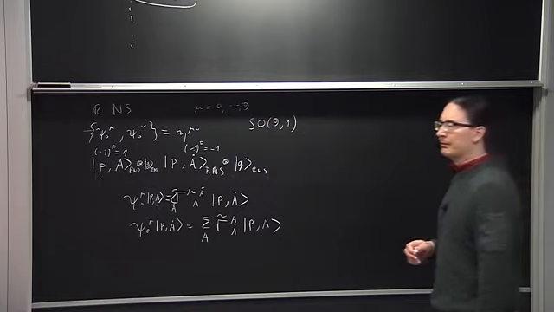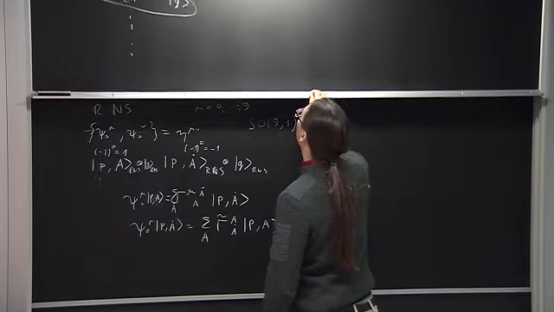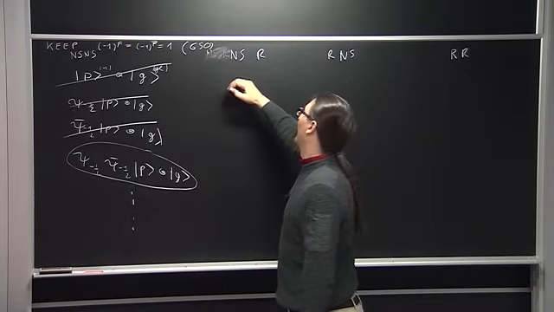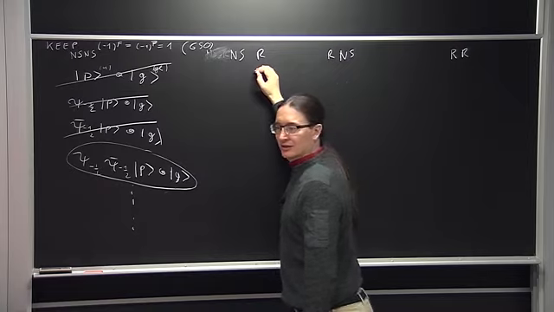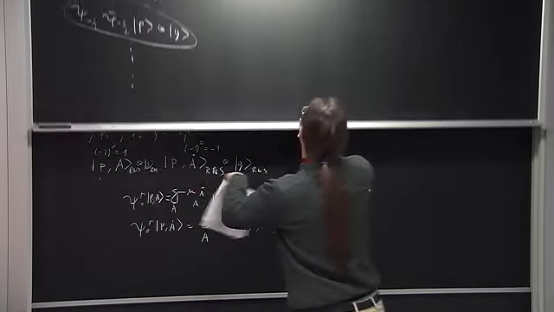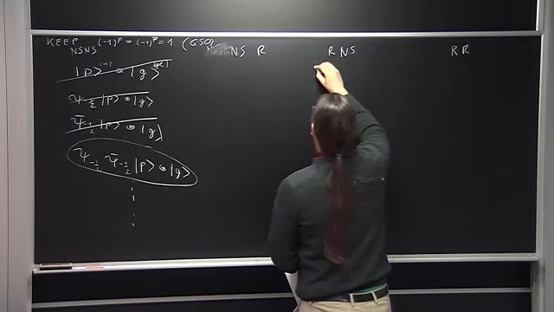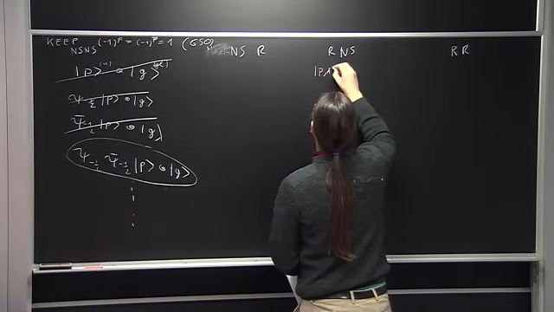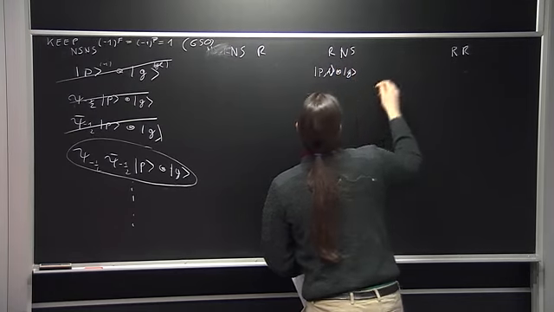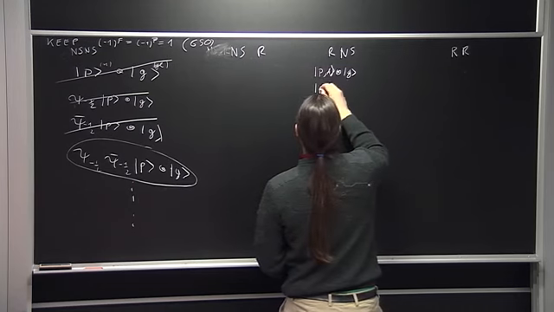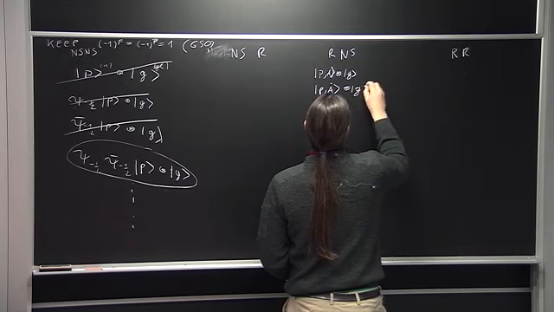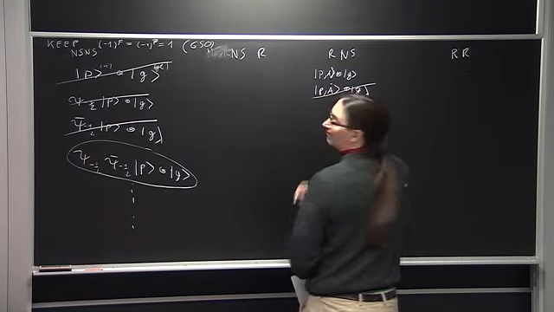So when I try to describe the GSO projected RNS sector, I start with these momentum modes with both chiralities, and then I remove one of them.